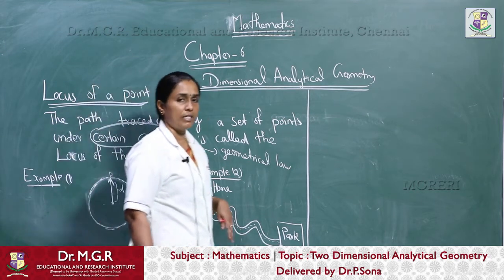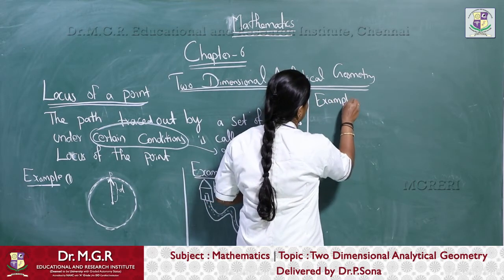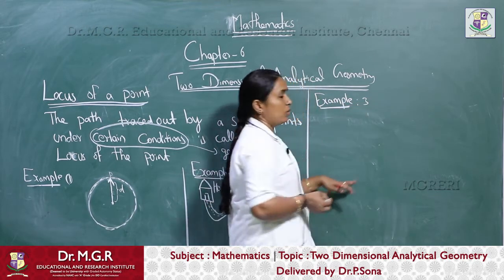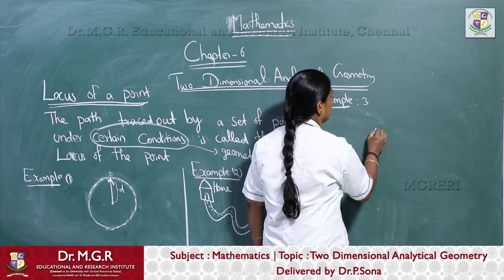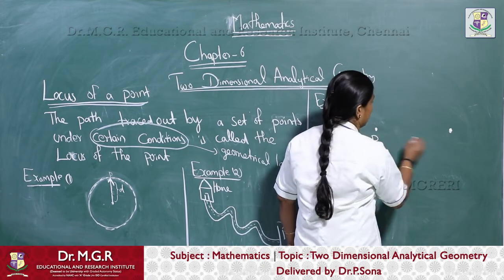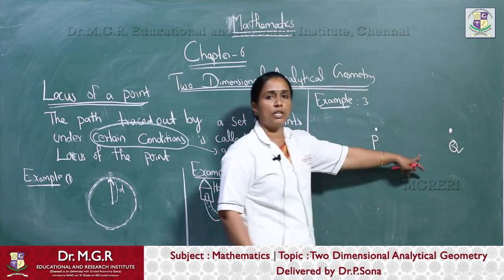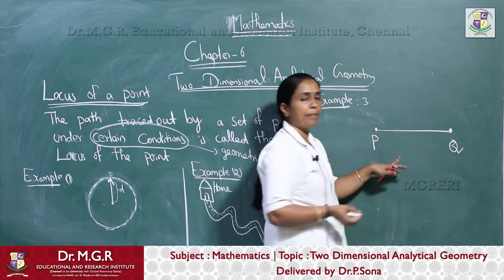Let's move on to the mathematical example, example number 3. Let us consider two points P and Q. Let us take this point as P and this point as Q. We can join them, and this is the line segment PQ.